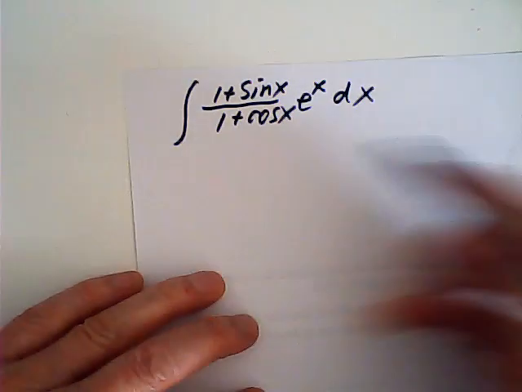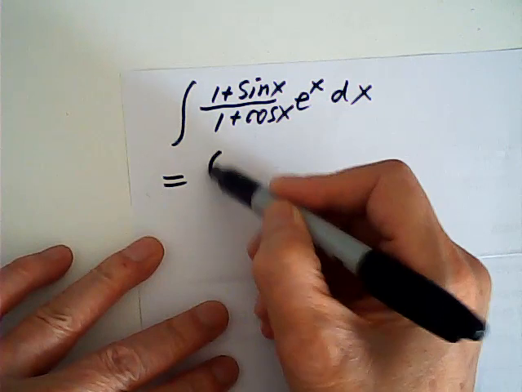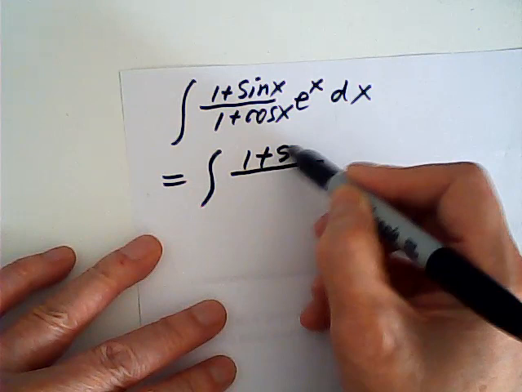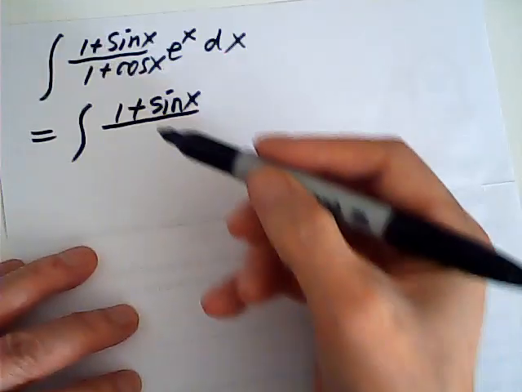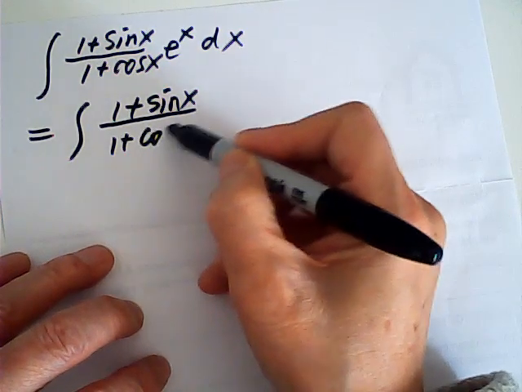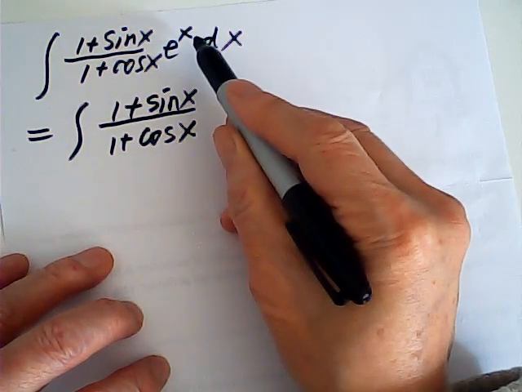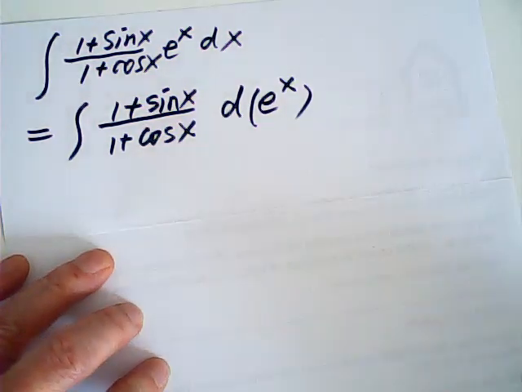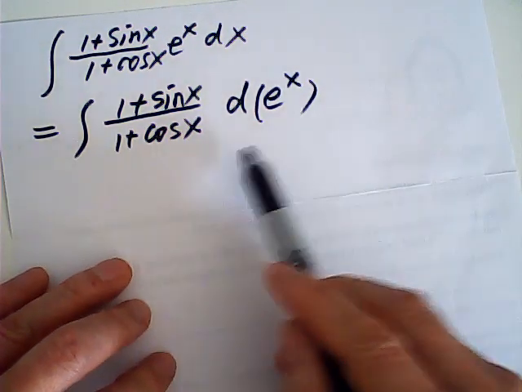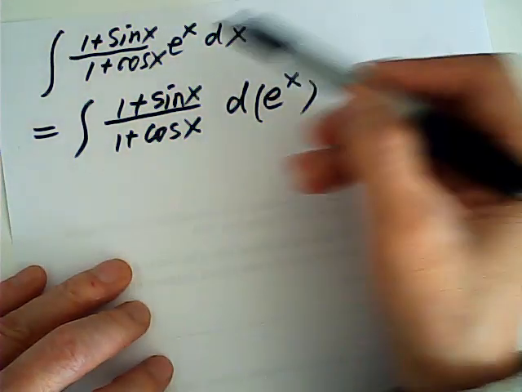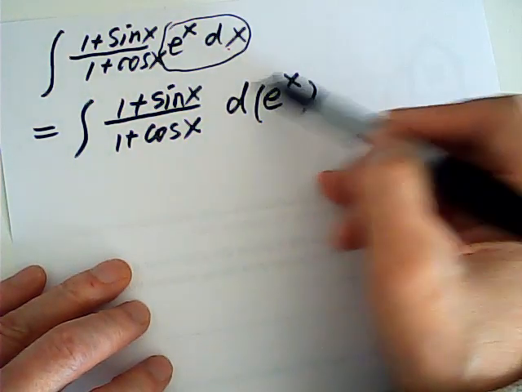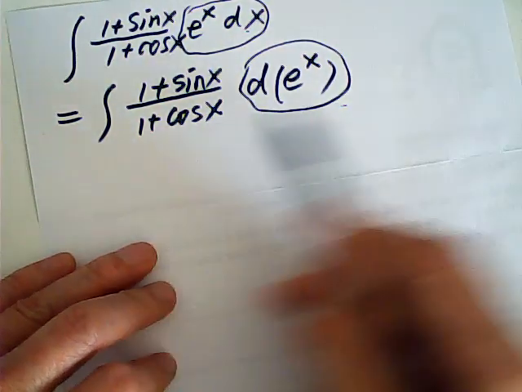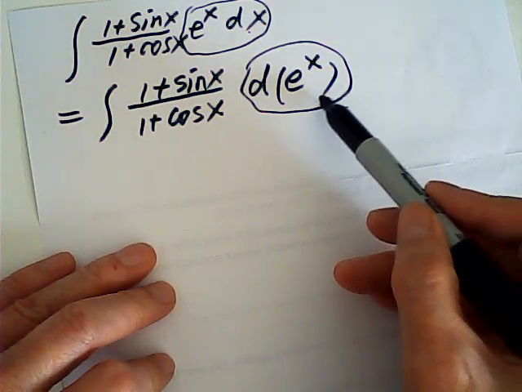Now, method 3, I'm doing this way: I write the e to the x as a derivative. This is the same thing. The reason I'm doing it this way is that I'm preparing for integration by parts. This is my u. This is my v.